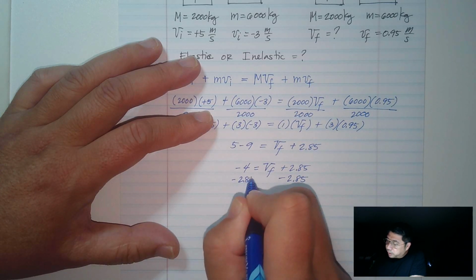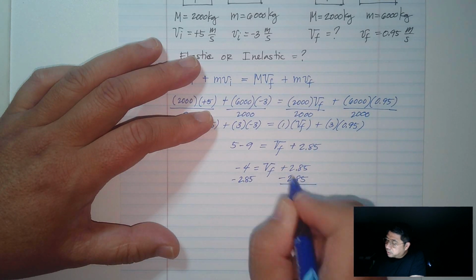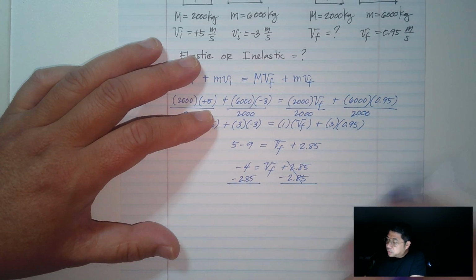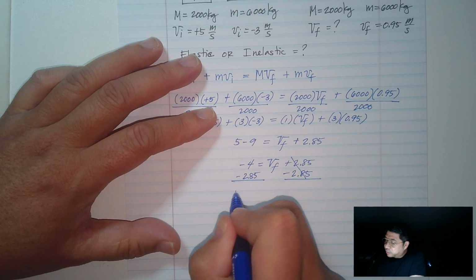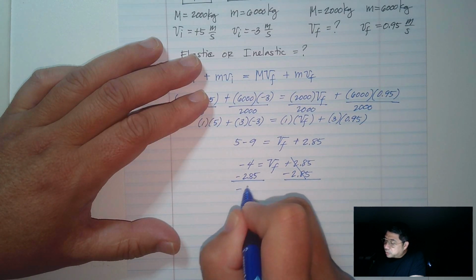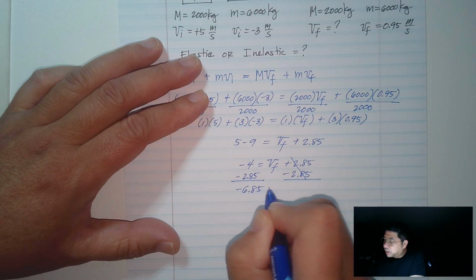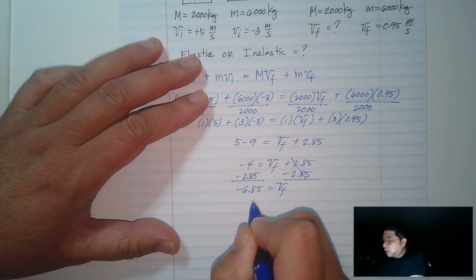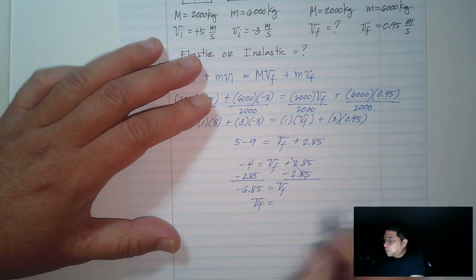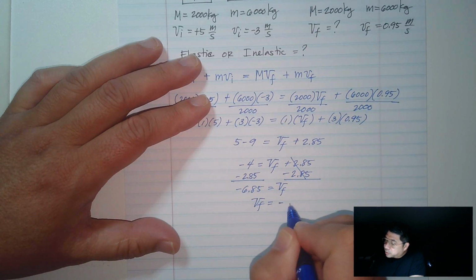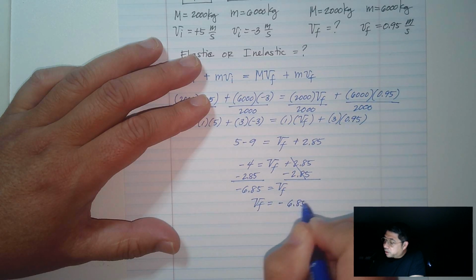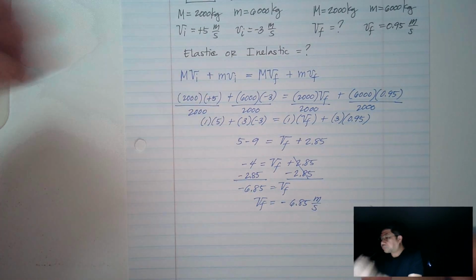The 2.85 cancels out, so we have negative 6.85, and that is our Vf. So the final velocity is negative 6.85 meters per second.